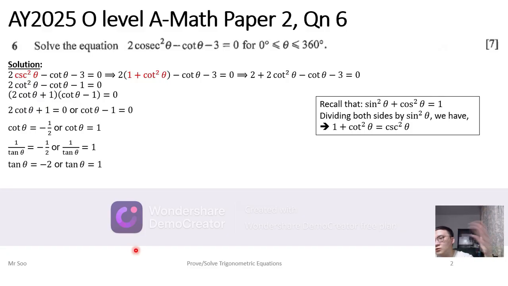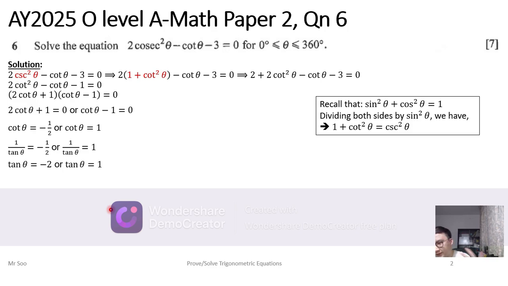Then the last thing is to do a sanity check. Make sure your answer falls within the range 0 to 360 degrees inclusive, and that it satisfies the equation. Make sure you get 0 on the right hand side for all the values of theta that you found. If you are able to do until the last step here, the remaining step is easy.